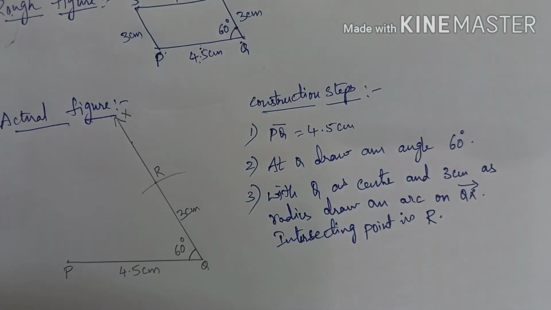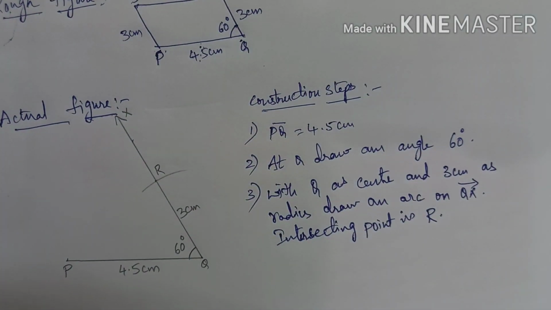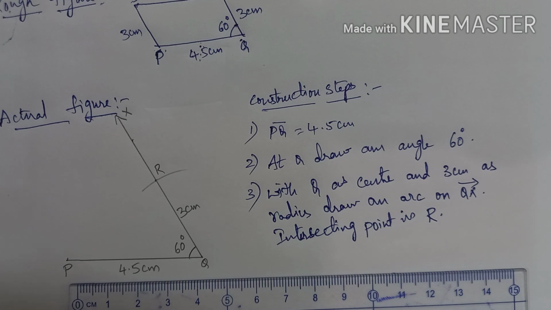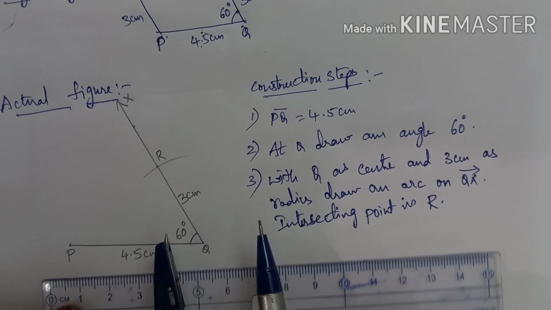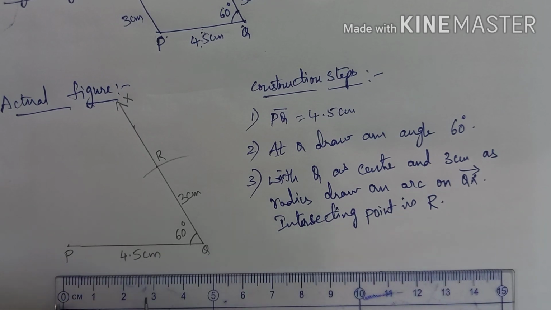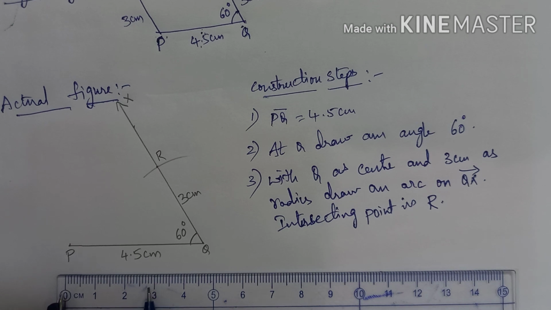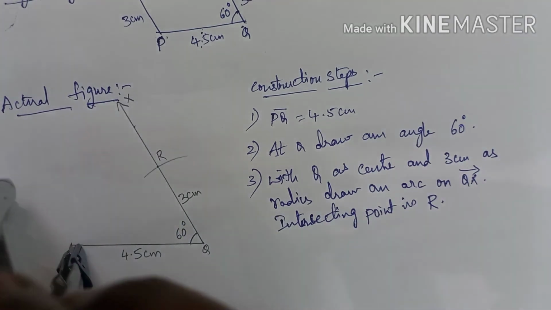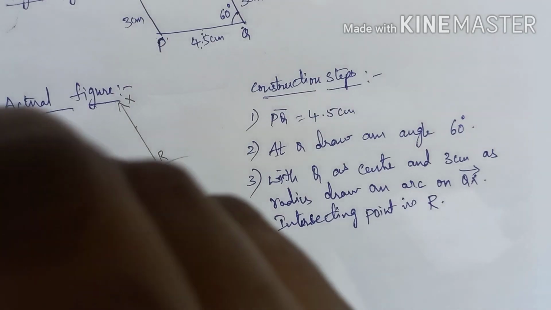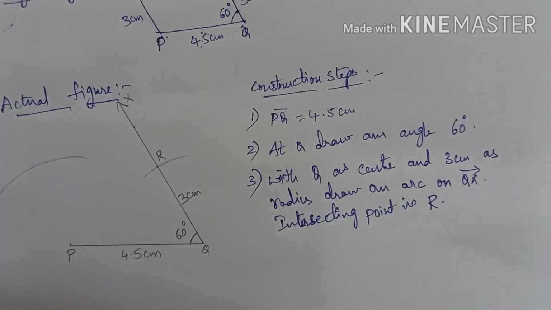So now let us again take 3 centimeters as radius with the compass. So with P as center, draw an arc with 3 centimeters as radius.